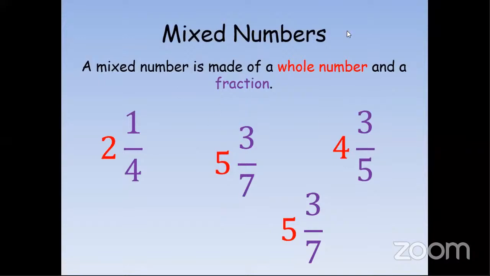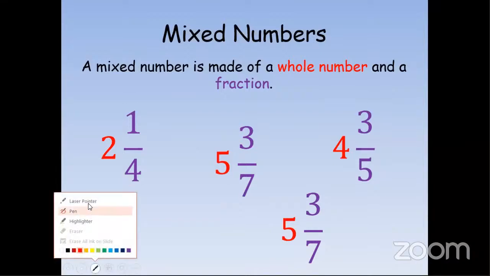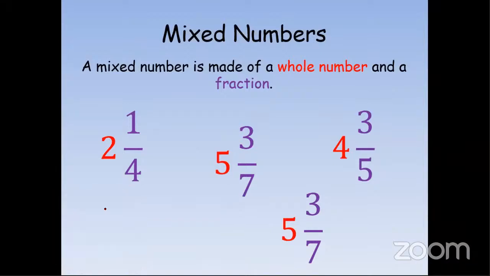So we looked at the different types of fractions, and I want us to focus more on these two types, the improper fractions and the mixed fractions. A mixed fraction has both a whole number and a fraction at once.